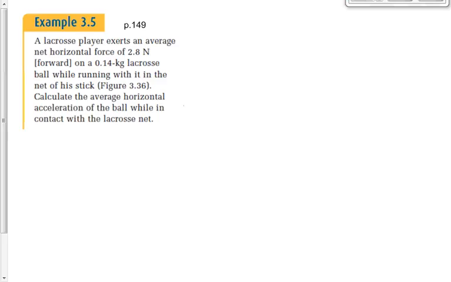It says a lacrosse player, this is chapter 3 by the way if you don't have that downloaded already. A lacrosse player exerts an average net horizontal force of 2.8 newtons forward. Average net force, not just force, but net force. We're going to find the average acceleration. We're going to say F net is 2.8 newtons, and we're going to define forward as positive.